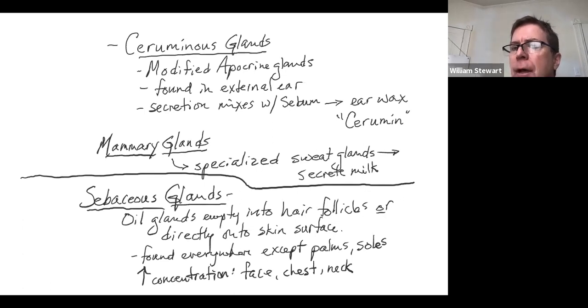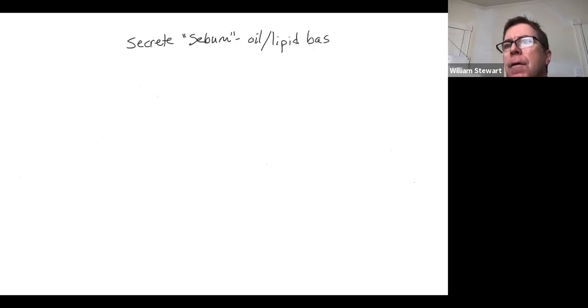New page. These sebaceous glands, they secrete an oily based substance called sebum. I'm just going to write oil lipid based secretion. The cells are holocrine in secretion nature.